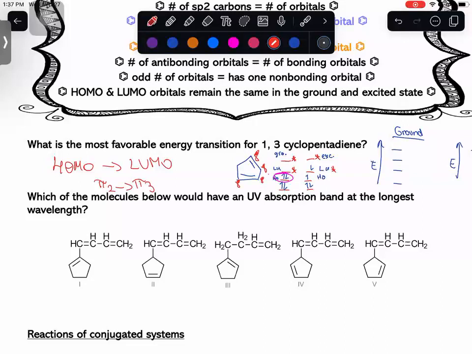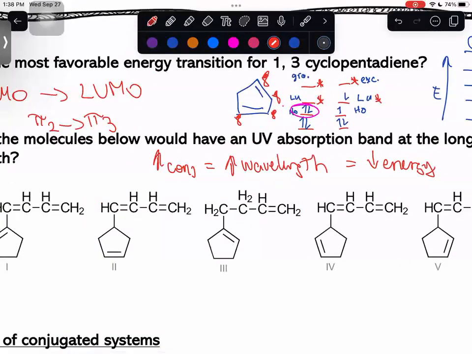This is basically just applying what we were discussing in UV spec, right? UV spec basically just shows how conjugated a molecule is. What was the trend? The more conjugation you have, the longer the wavelength. What else? And the lower the energy.